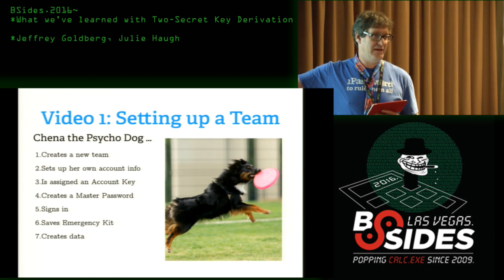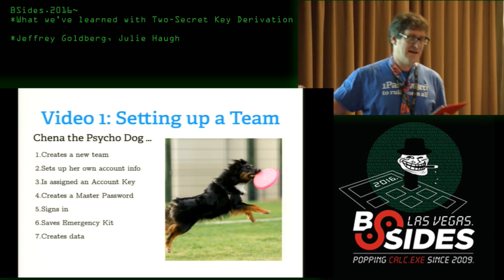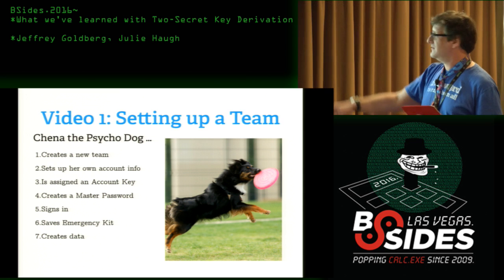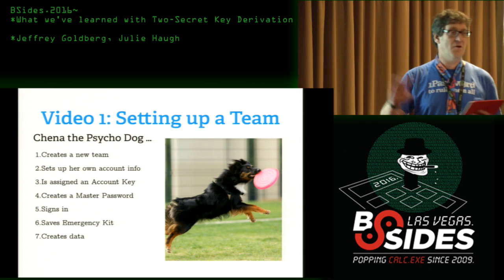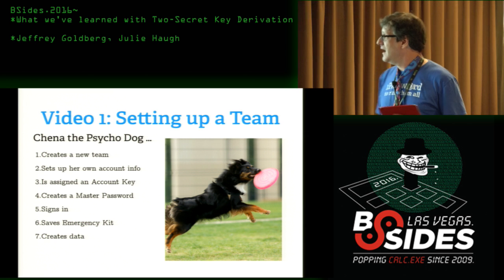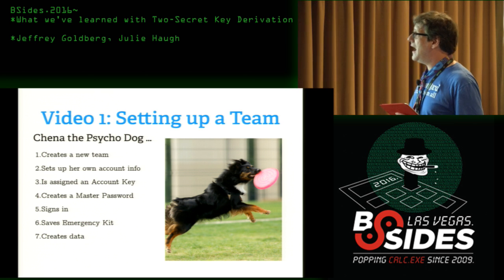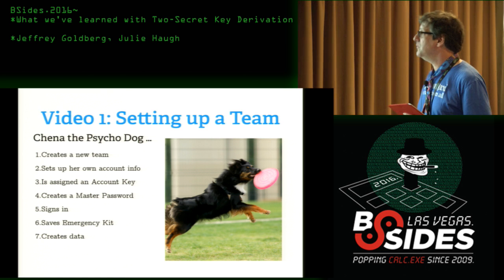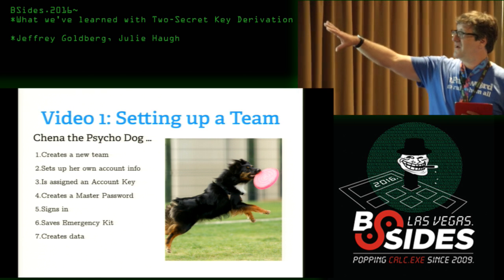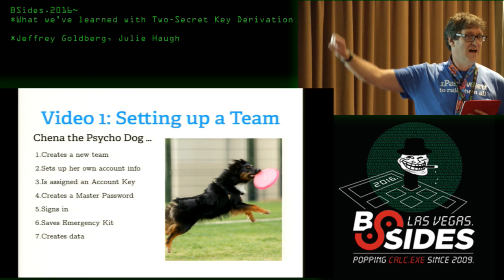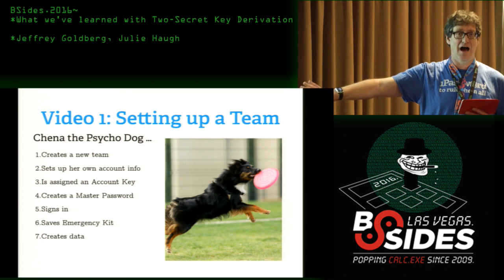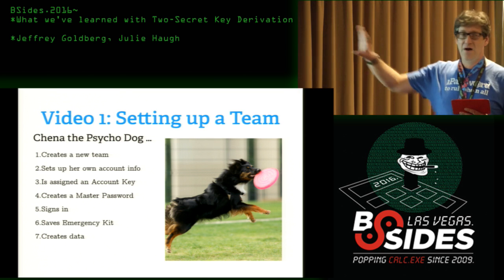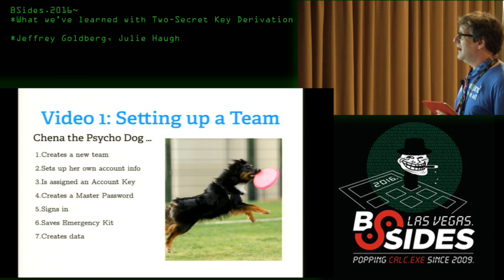OK, so Chain of the Psycho Dog. She's really sweet, except for when she isn't. Catches frisbees, balls. We have no idea who trained her to do this. But anyway, so she's going to be our team leader. And so what you're going to see is a video that shows a first sign in and a first sign up for 1Password for Teams.